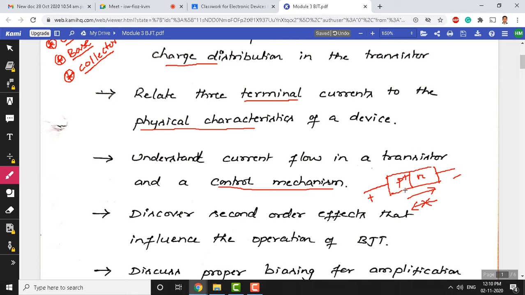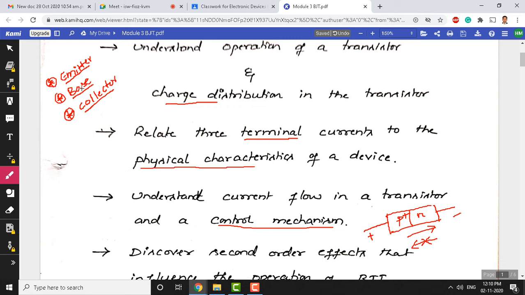Here you do not have any third terminal to control the current movement from the p plus region to the n region, so this device operates without control. But a BJT is a 3 terminal device, and the base terminal acts as a control of current from the emitter to the collector.